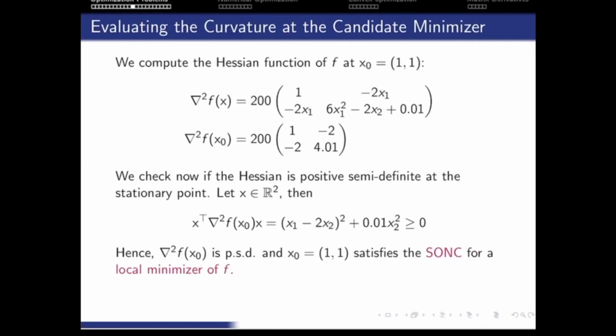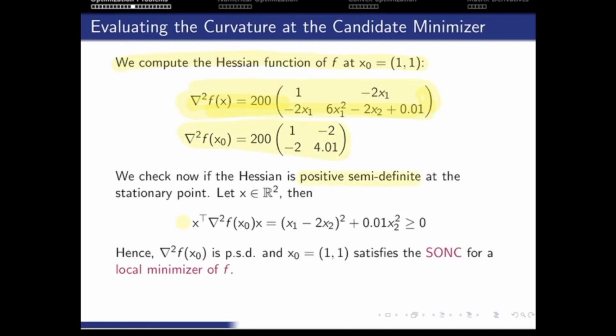But just for the sake of this example, we can also check the second order necessary condition. So here we compute the Hessian of f at this point x0. How this is done you can look up in the math PDF, and then we insert our point x0 in the Hessian, and we get this matrix here. And then we can check the definition of positive semi-definiteness.